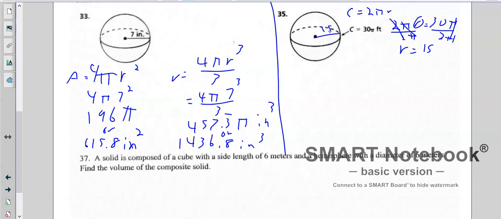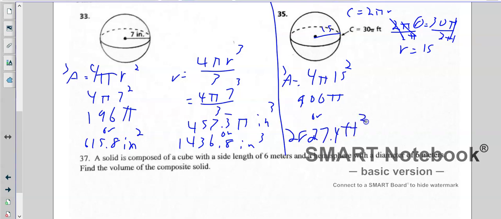Now, I'm going to do what I just did in the other two problems. Surface area is 4 times pi times r squared. Well, 15 squared is 225, times 4 is 900 pi, or 2,827.4, and that's going to be square feet because we're doing surface area.